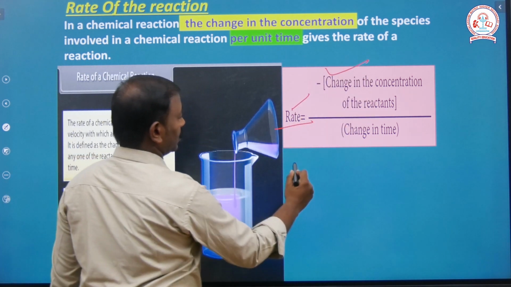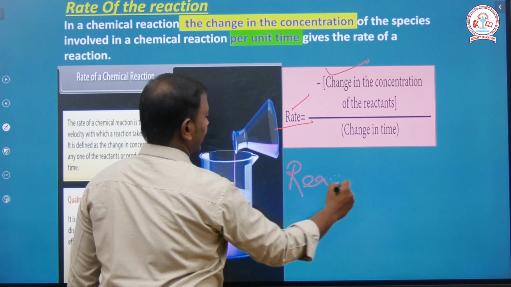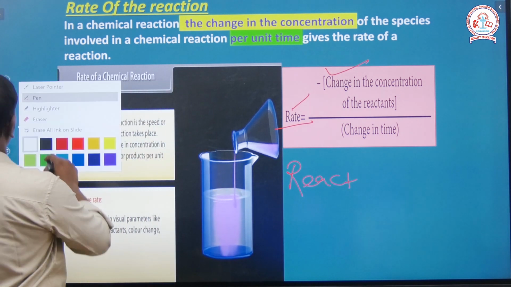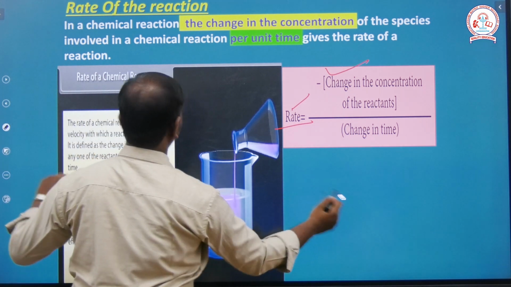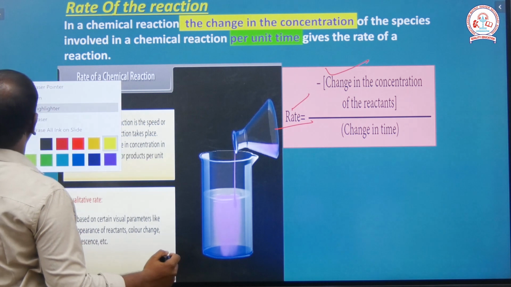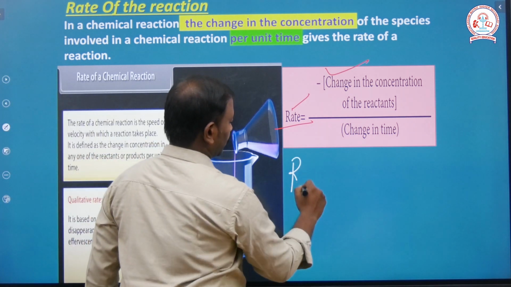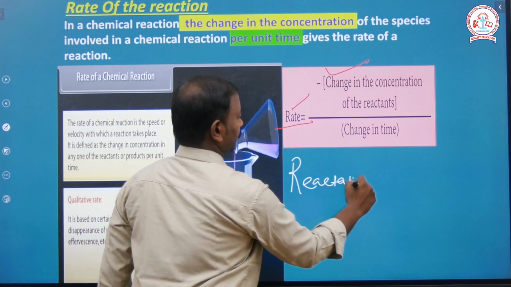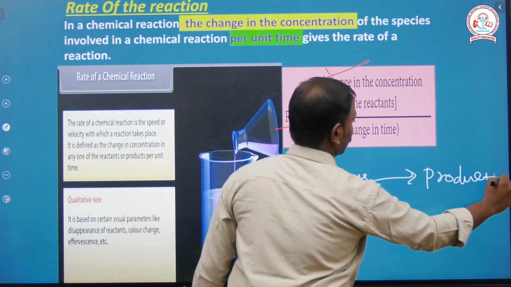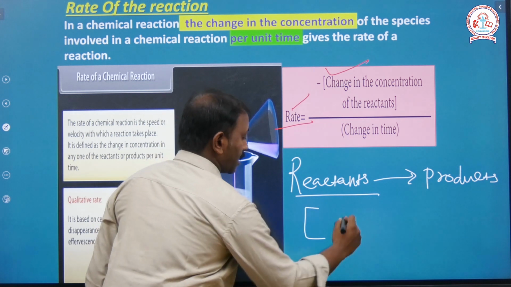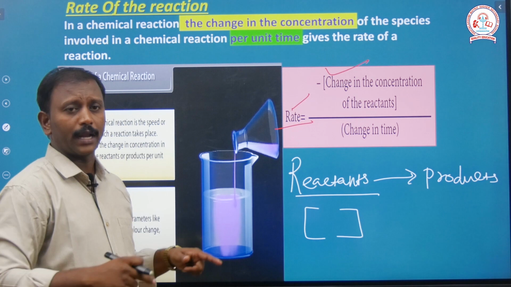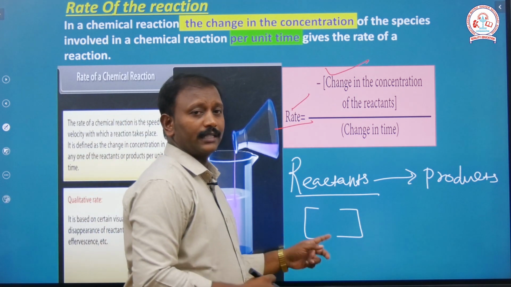The change in the concentration, you see, on the left part, the reactant side. Students, listen. In the left part, the reactants give products. For the concentration of the reactants, if we put a square bracket, the square bracket indicates concentration.